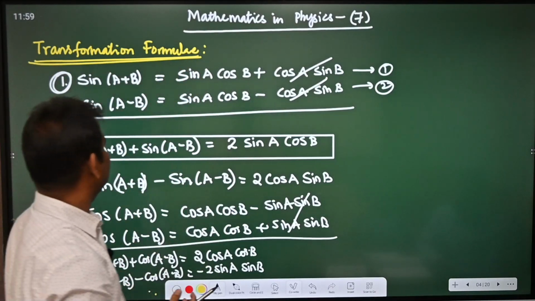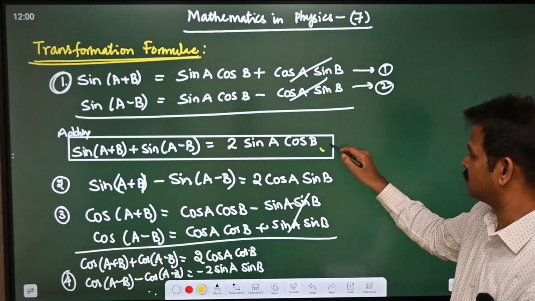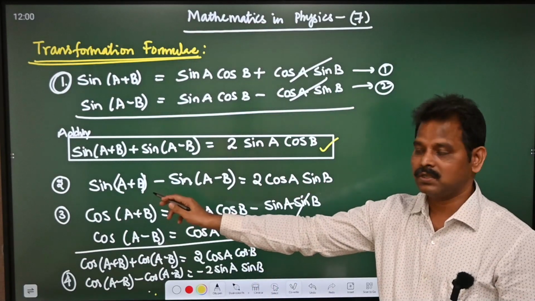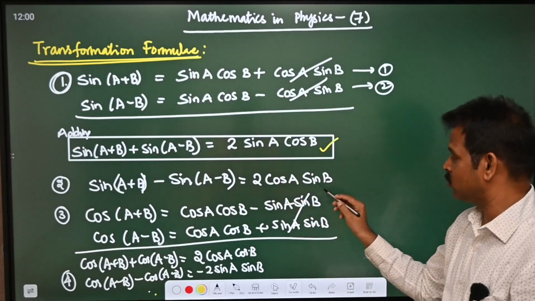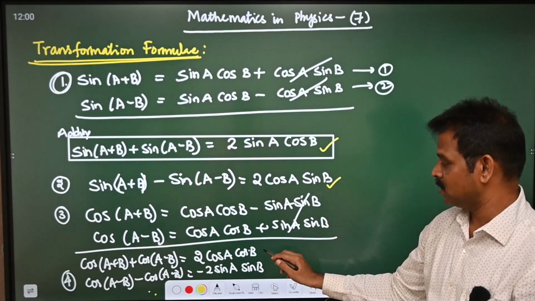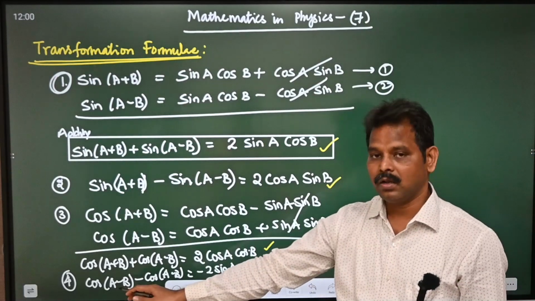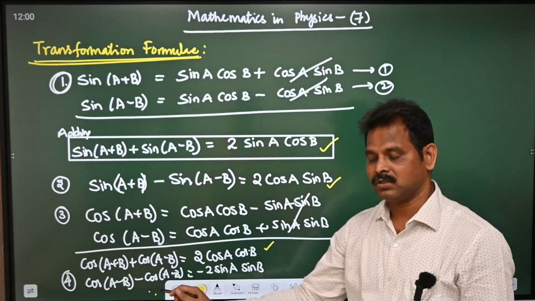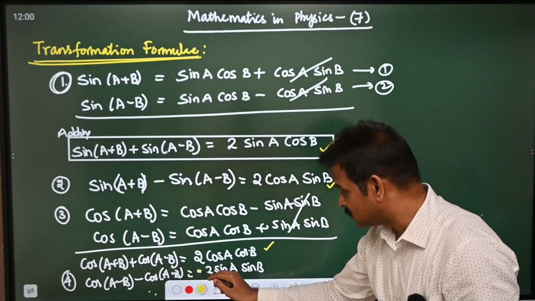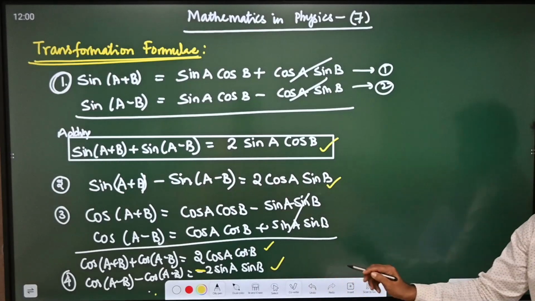The first one is sin A plus B plus sin A minus B will become 2 sin A cos B. Similarly, sin A plus B minus sin A minus B become 2 cos A sin B, and third one cos A plus B plus cos A minus B will become 2 cos A cos B, and fourth one cos A plus B minus cos A minus B will become minus of, be careful this, minus of 2 sin A sin B.